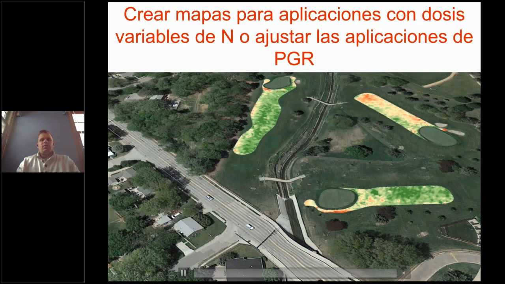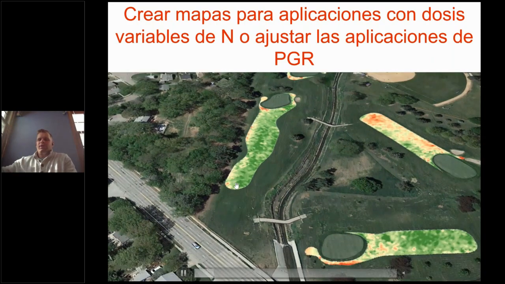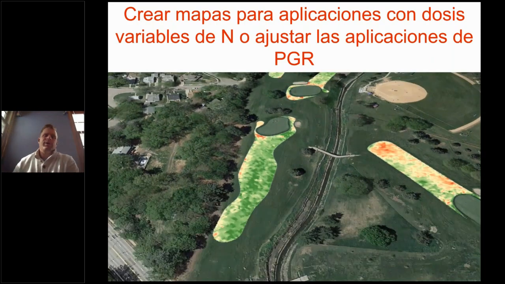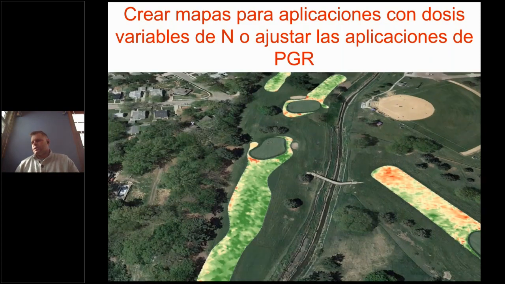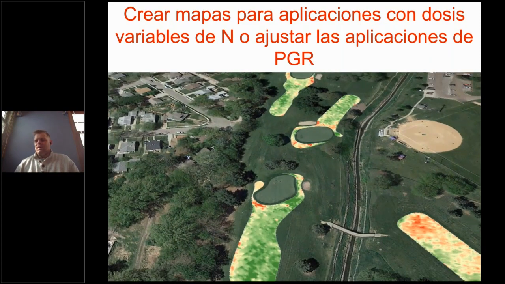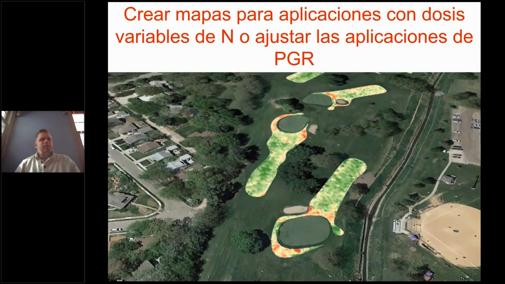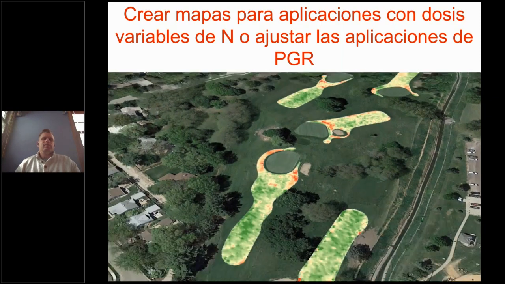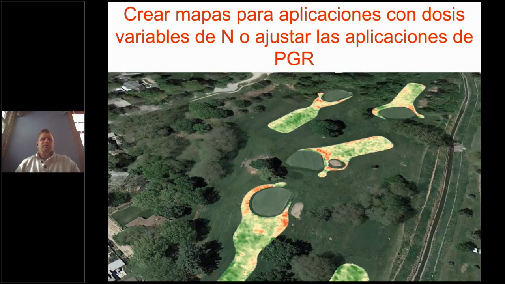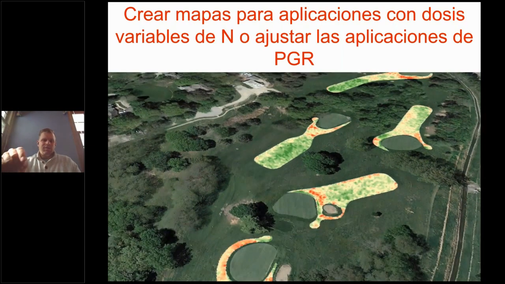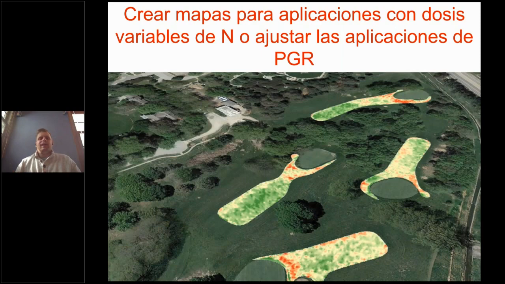Here's a video of some of the data we got from just one day of mowing our fairways of this par 3 golf course that we take care of. We can look and see the areas that might need a little more fertilizer, and if we have a variable rate sprayer, we can go and hit those individual areas, or we can look at it on average.